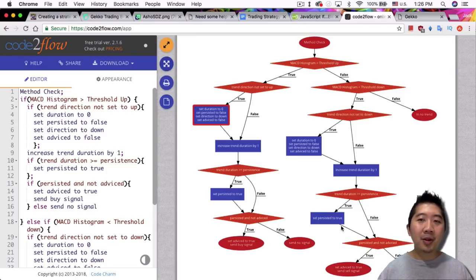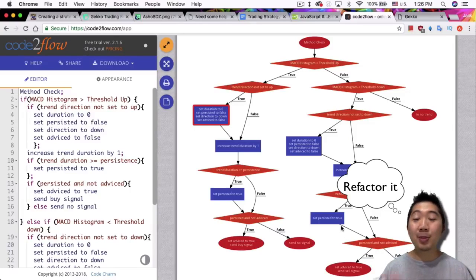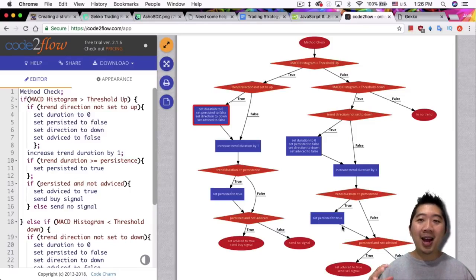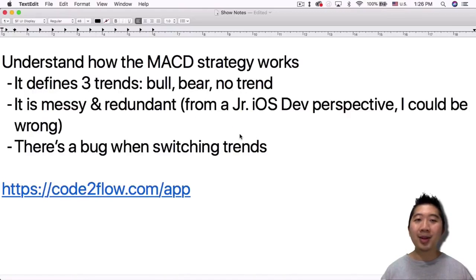If you can simplify your code, condense it, reduce it as much as possible, you should. I don't know why they don't do it here. Again, this might be related to how JavaScript is written. I have some background in JavaScript, but I haven't touched it in a long time, and I'm just looking at it compared to how I learned iOS development. This is really messy, at least the way I'm told, and the way I learned it.